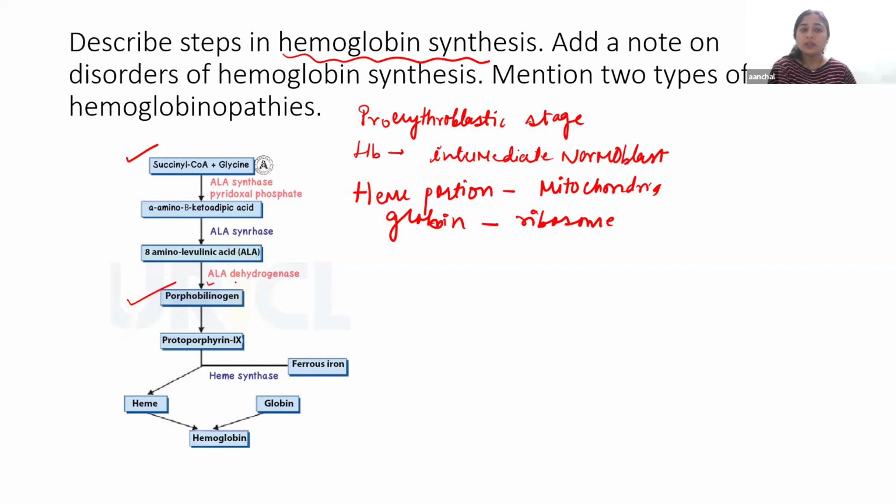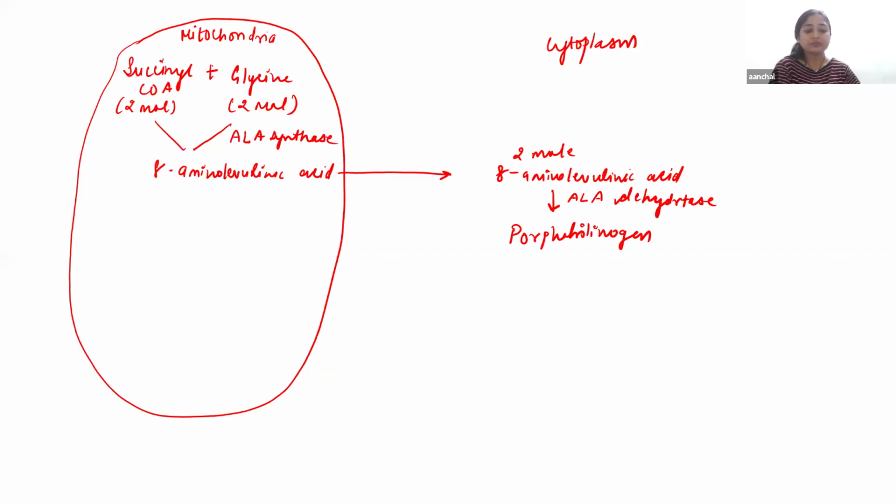Porphobilinogen formation takes place in the presence of ALA dehydratase, right? Now, what will happen next? This porphobilinogen will be converted into another product known as uroporphyrinogen, by an enzyme known as synthase.